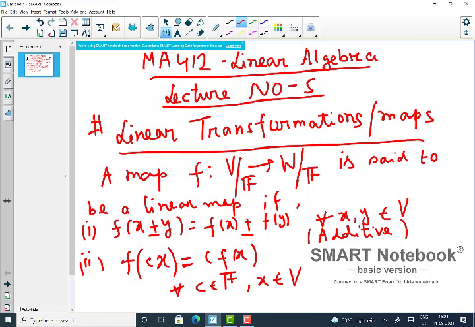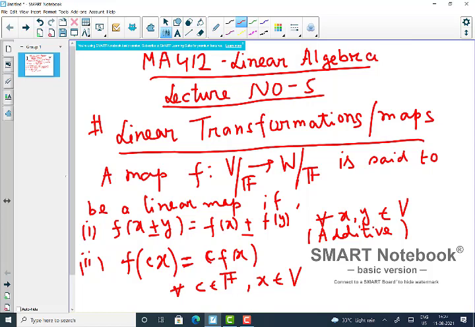That means it doesn't matter whether you first take the image and then multiply by the constant, or you first multiply by the constant and then take the image. Both are the same. Okay, so if a map satisfies these two properties, then these kind of maps are called linear map, or linear transformation, whatever.